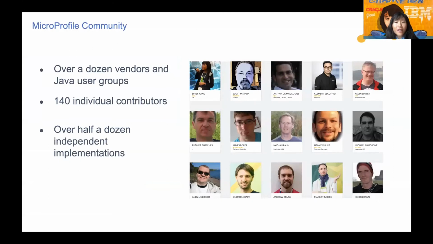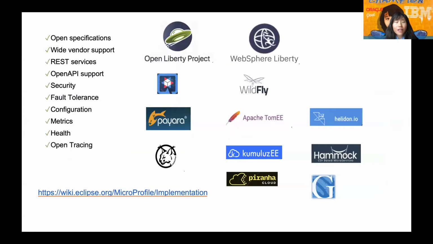As you can see from the picture here, there are a lot of contributors from vendors and also individuals, etc. And there are about a dozen implementations, including Open Liberty, WebSphere Liberty, Quarkus, WildFly, Payara, Apache TomEE, Helidon, Apache Launcher, Kumuluz EE, Hammock, Piranha, and Apache Meecrowave. So there are a lot of implementations adopting this MicroProfile framework, which is the standard APIs for developing your microservices.